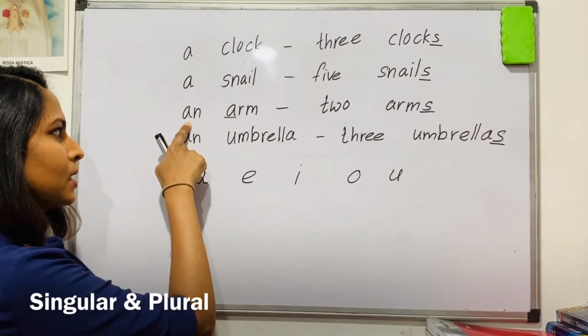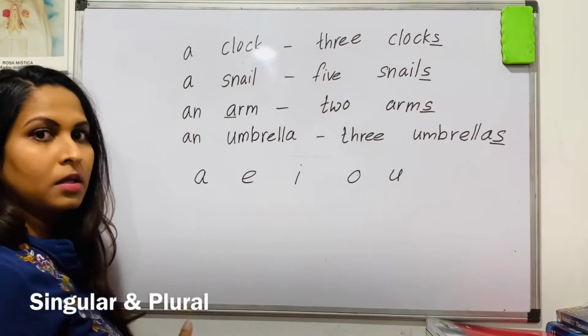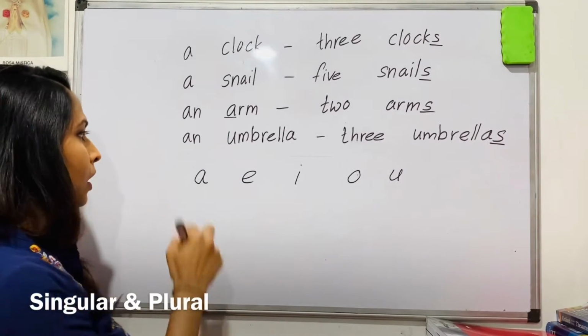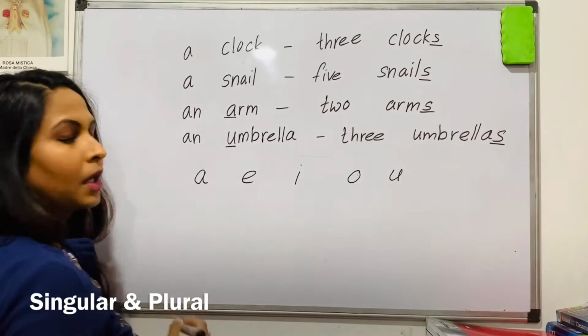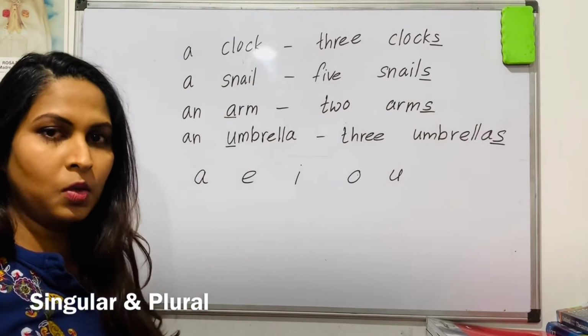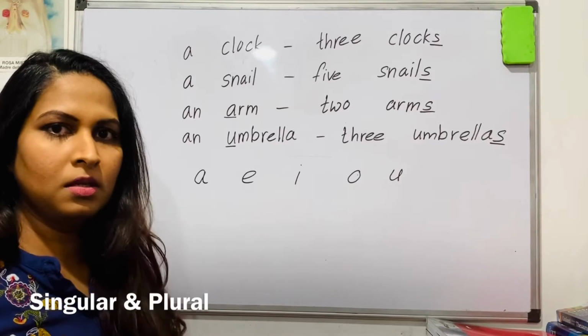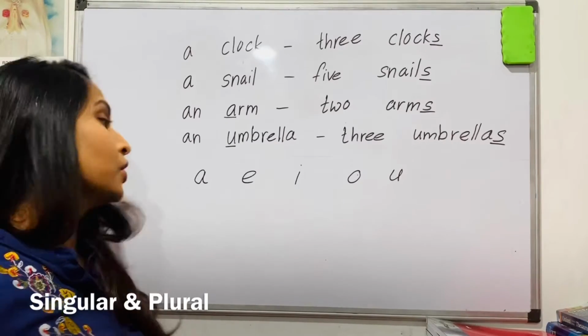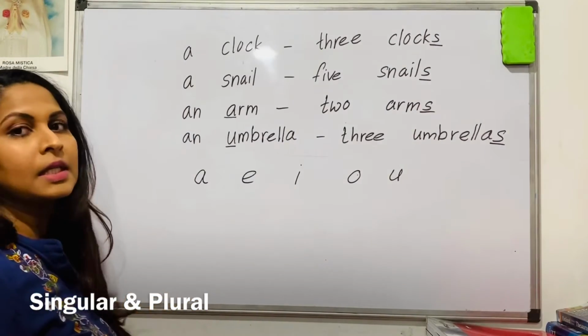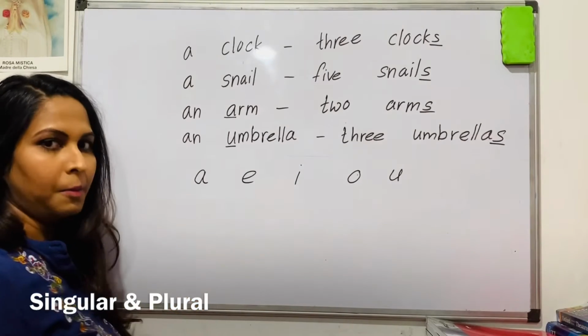So we have to say an arm, not a arm. Umbrella. When you say umbrella, the sound is a. It's a vowel sound. So we have to use an, but not a when we say umbrella.